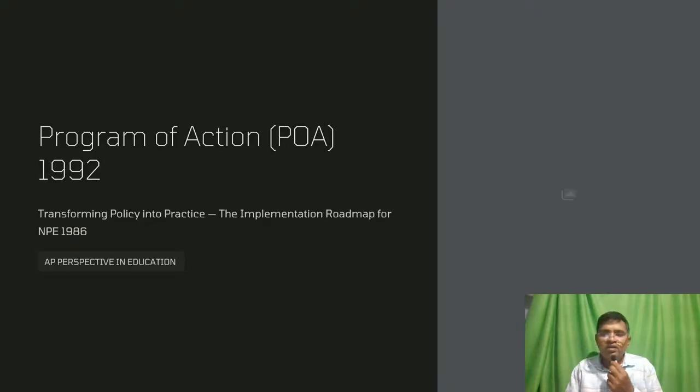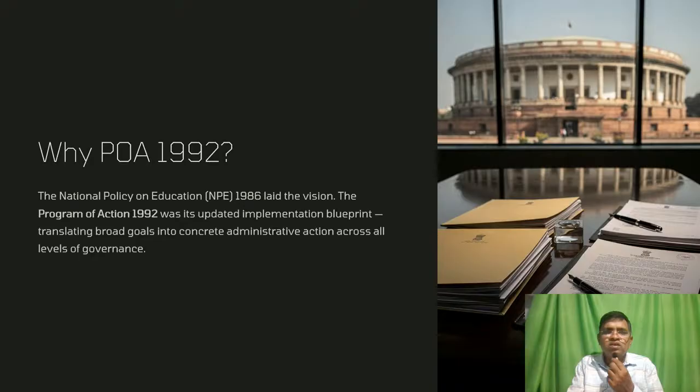We'll discuss it in detail. It is the implementation of the National Policy on Education 1986. So why Program of Action 1992? The National Policy on Education 1986 laid the vision, the foundation for the Program of Action 1992.